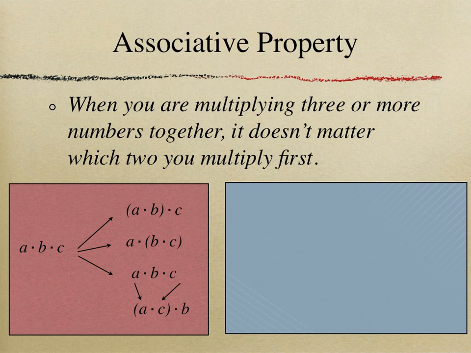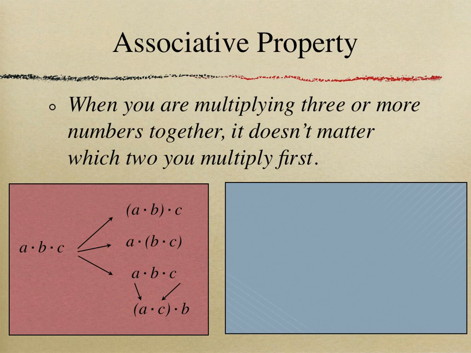We could switch around the order of these things. We could put a and c times b, and we could multiply a and c first and multiply it by b. It doesn't matter which 2 numbers we multiply together first. The answer is still going to be the same.